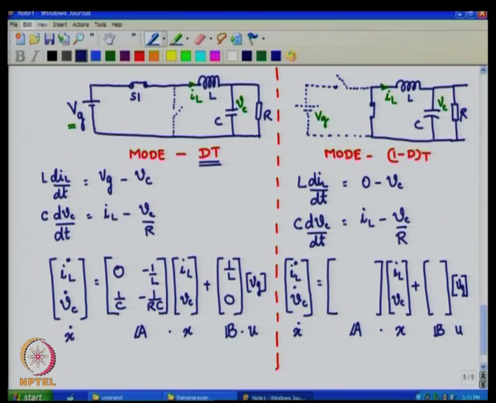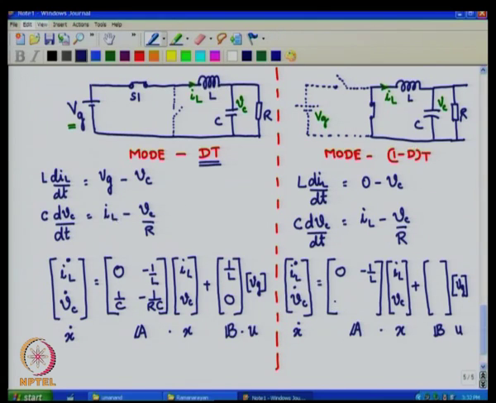So, you can observe here that in the first line of the equation, there is no IL component and therefore, the coefficient of IL is 0, and we populate the coefficient of Vc as minus 1 by L by taking L onto this side of the equation.